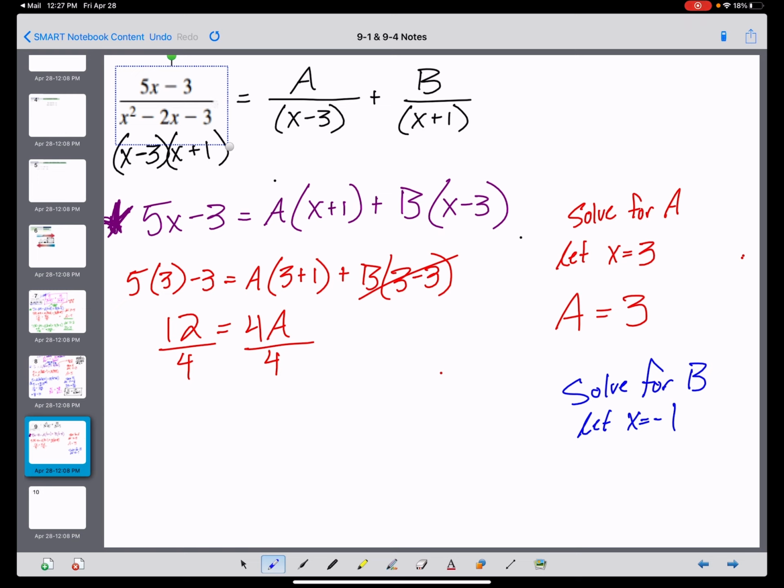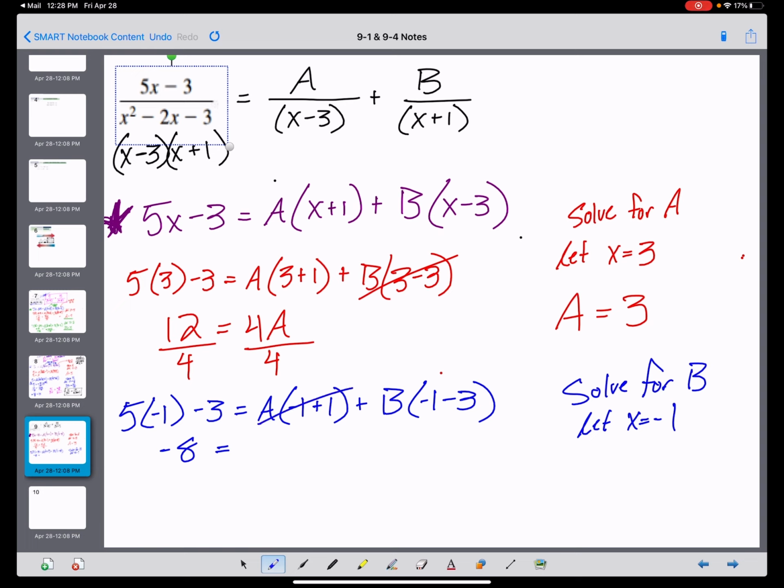When I do that, I got 5 times -1 minus 3 equals A times -1 plus 1 plus B times -1 minus 3. 5 times -1 minus 3 would be -8 equals -1 plus 1, 0. 0 times A, nothing. 0, right?